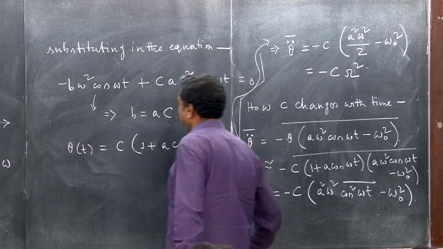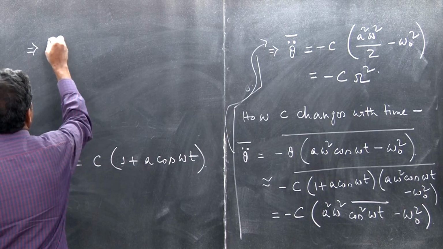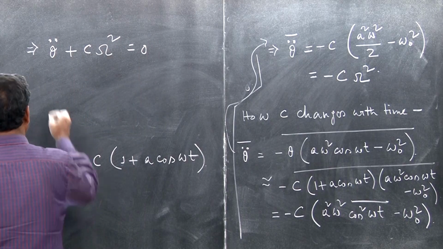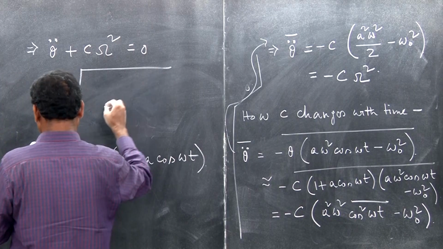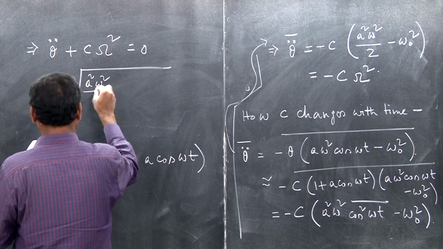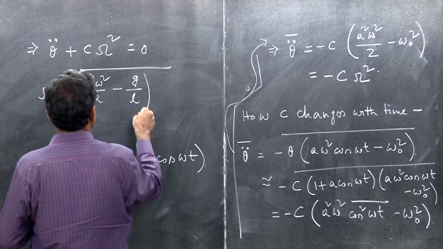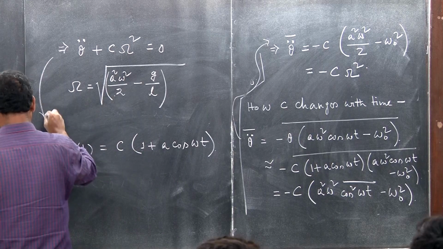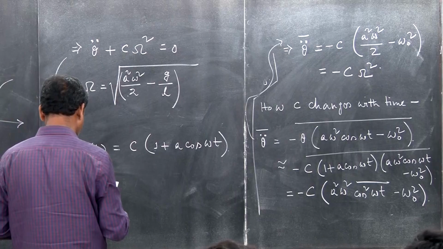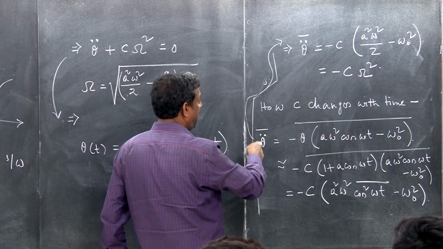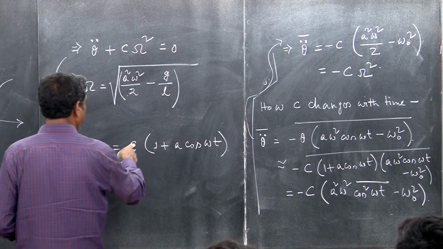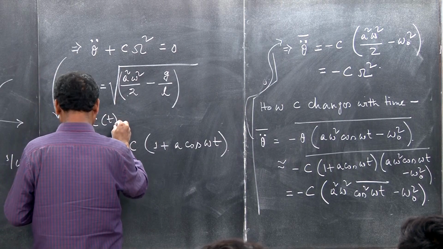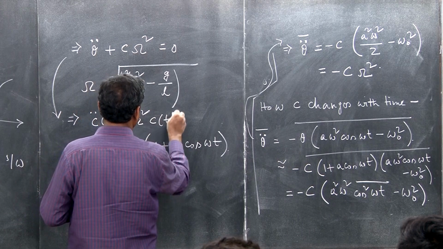So from here we see that the motion will be theta double dot plus C omega square equal to 0, where capital omega is root of a square omega square by 2 minus g by L. Theta double dot bar is the same as C double dot, so we can write C double dot plus capital omega square C equal to 0.